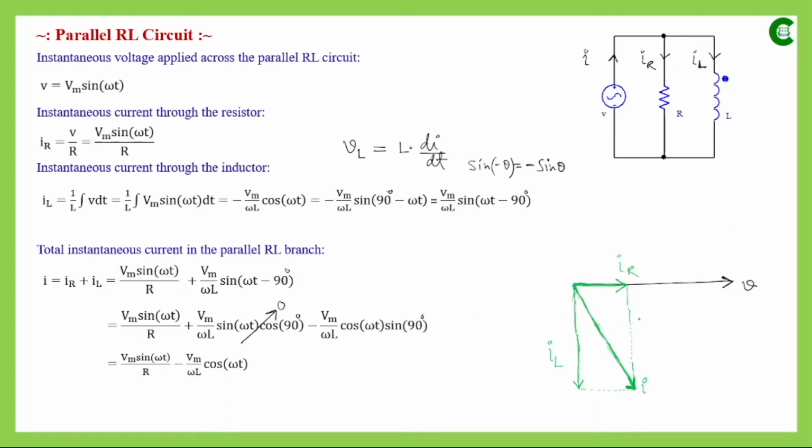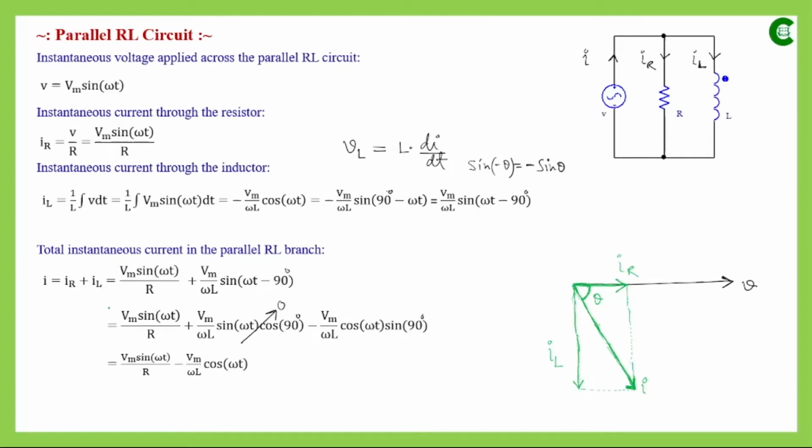We can see that there is a phase difference between the applied voltage in that RL circuit and the current that flows. Here the current is lagging the applied voltage, but the phase lag is not 90 degree, rather it is less than 90 degree. So let's assume that the phase difference between that voltage and current is theta.